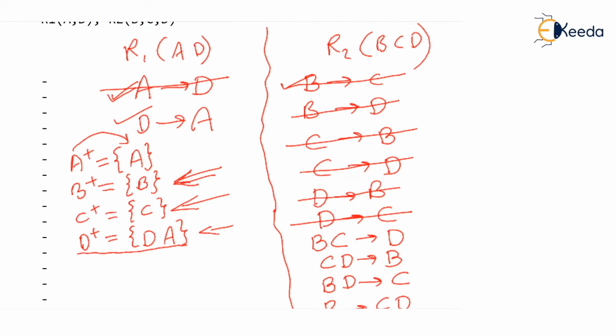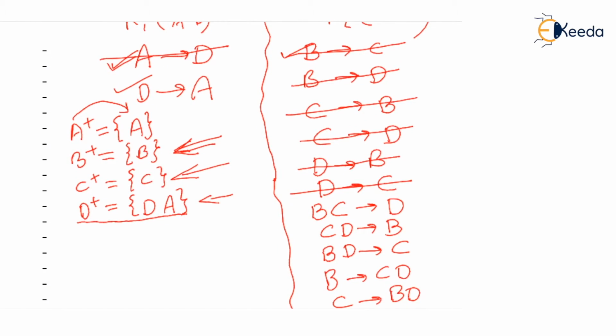Here is the twist. For checking whether BC determines D, you have to find BC closure using our original FD set. Up till now, we were working on a single attribute on the left hand side, but now we have two attributes, BC.